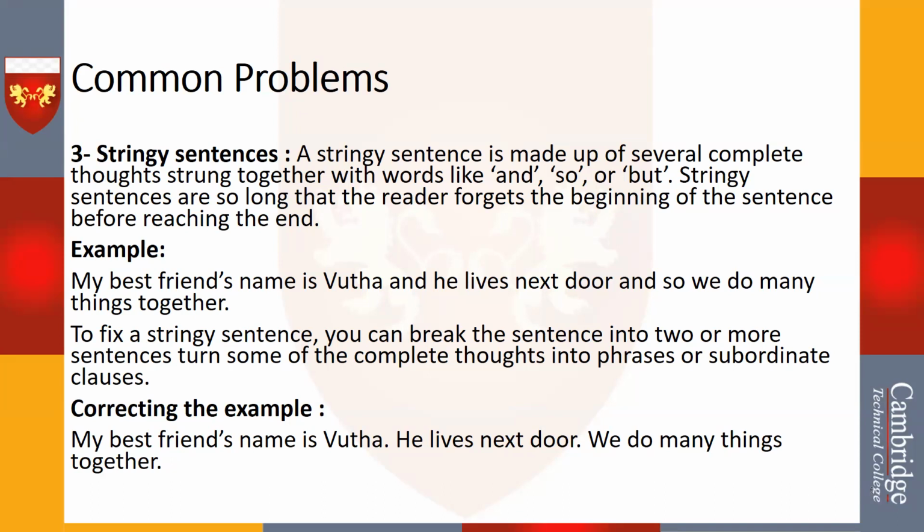So in order to correct this example, we are going to say, my best friend's name is Buddha. We put a dot. He lives next door, and we put a dot, and we do many things together. So instead of putting and, we just put a dot.